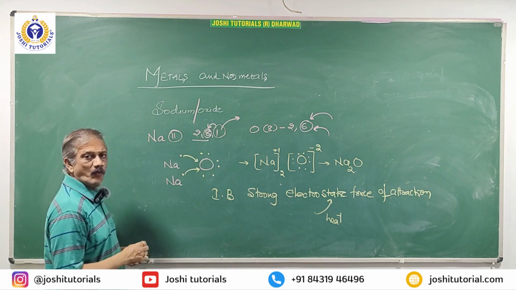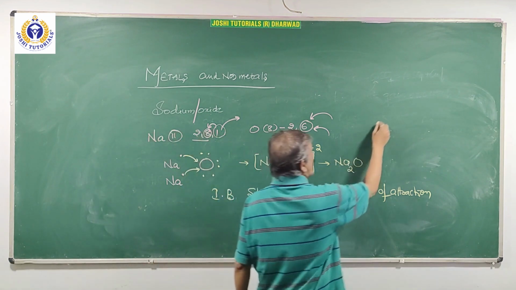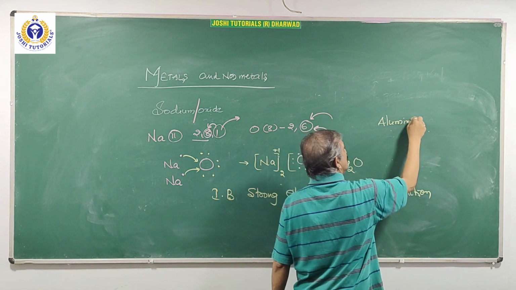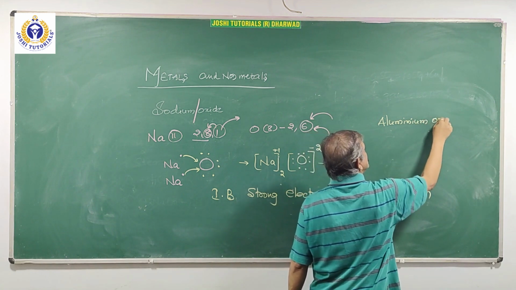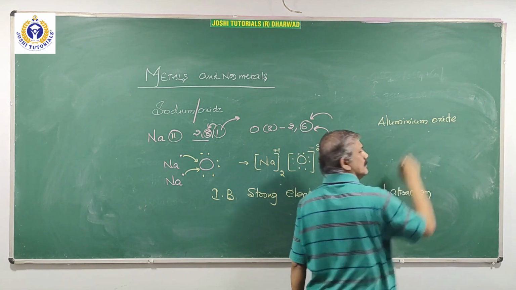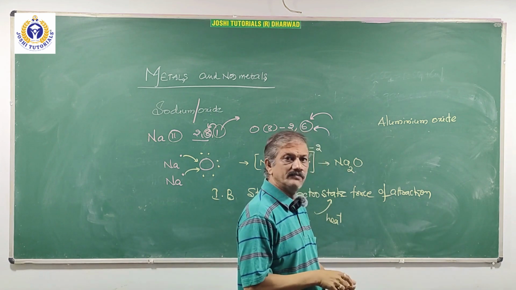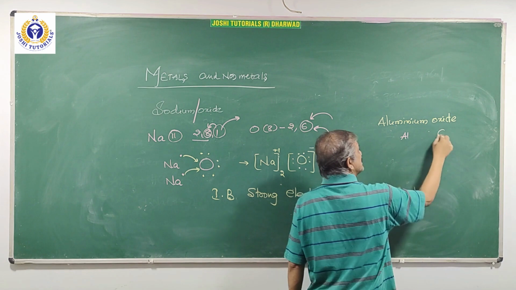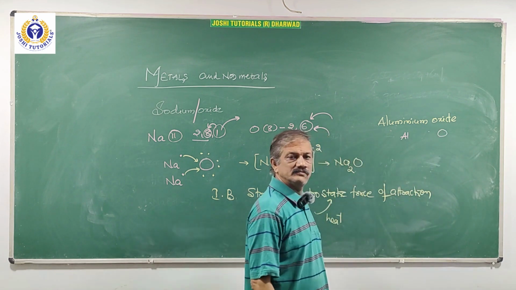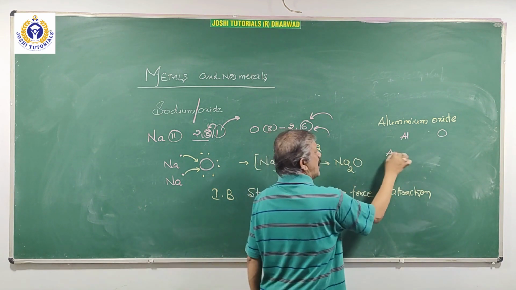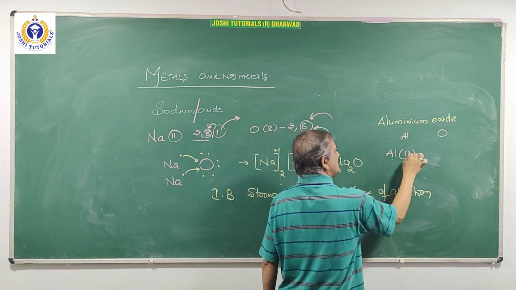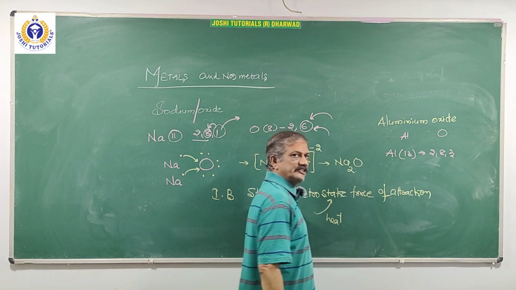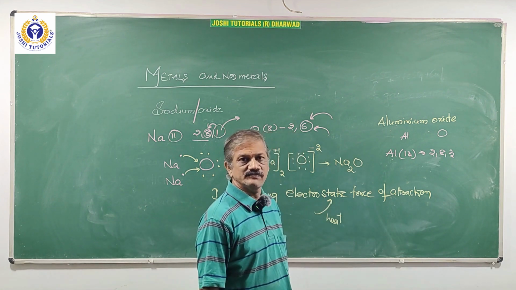Another example, if you want, say aluminium oxide. There are 2 elements. One is aluminium, another one is oxygen. If you take aluminium, atomic number 13, I hope 2, 8, 3. 3 valence electrons.